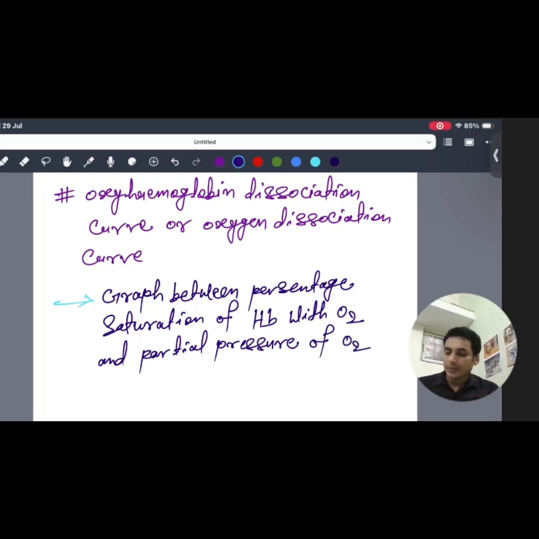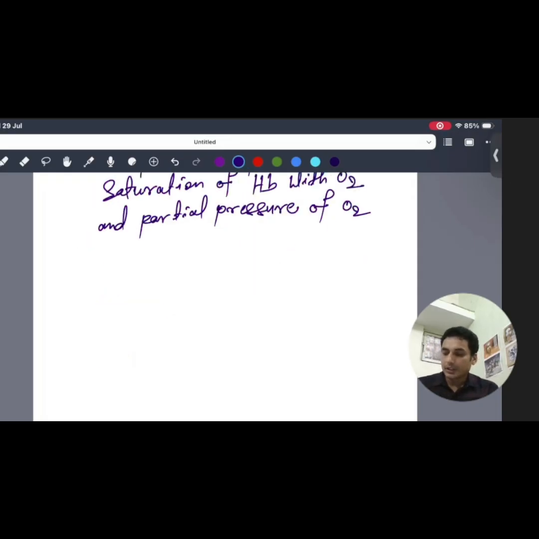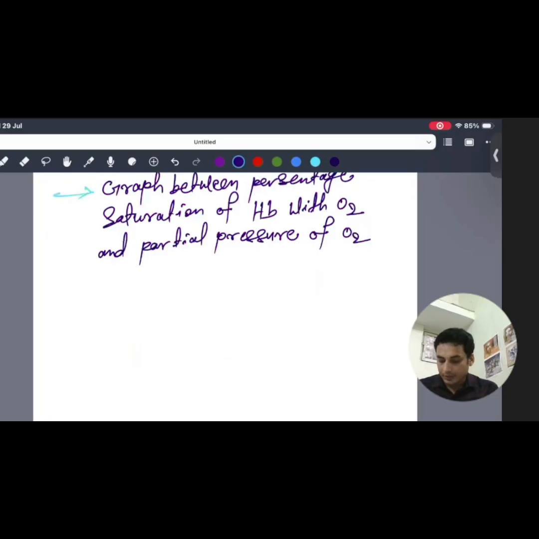The shape of this graph is sigmoid. This curve is a sigmoid curve. You can say oxyhemoglobin dissociation curve, OD curve. What is the shape of the OD curve? It is a sigmoid curve.